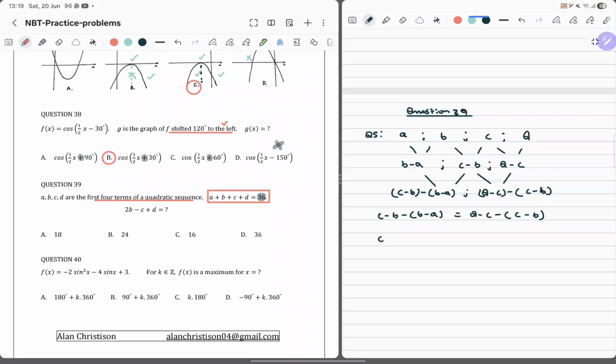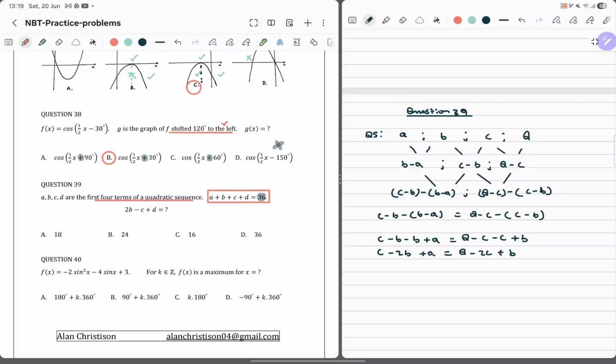So this is going to be C minus B plus A is equal to D minus C plus B. Now we've got C minus 2B plus A is equal to D minus 2C plus B. Okay, cool.